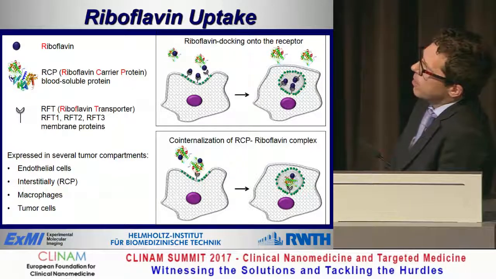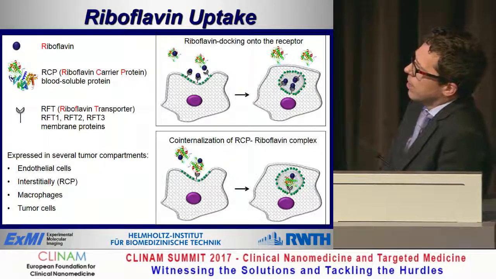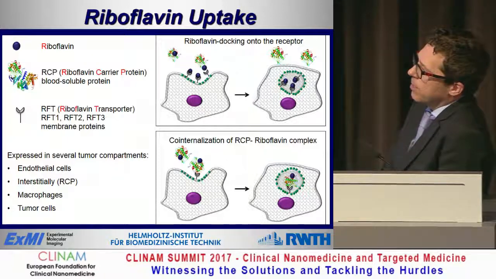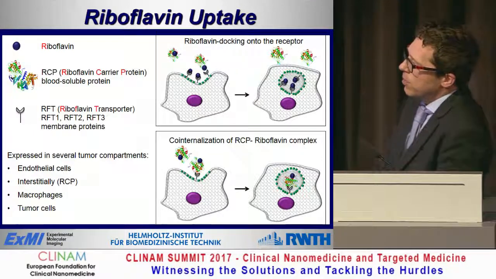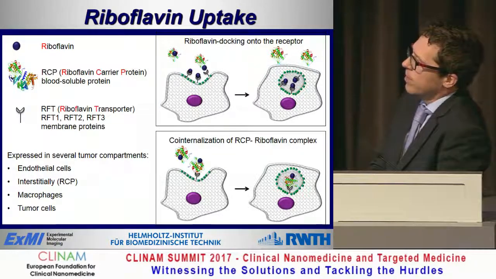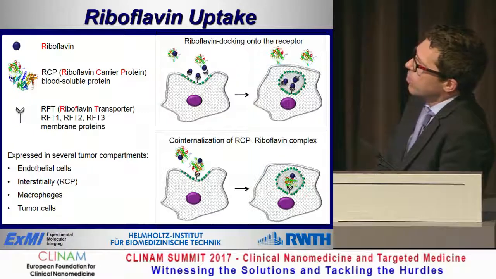As a target for that approach, we have chosen the riboflavin transporters RFT1, 2, and 3, which are known to be overexpressed not only by tumor cells, but also by other cell compartments of the tumors, like the endothelial cells, the macrophages, and there's even an interstitial soluble protein that keeps the riboflavin trapped inside the tumors.